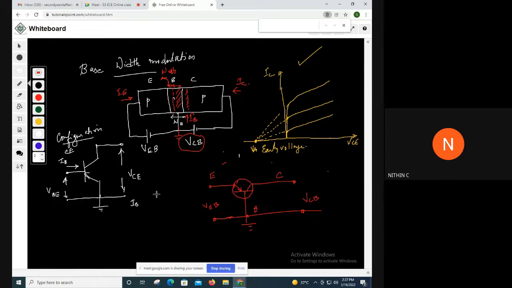I will be telling you two different current parameters. One is current gain. In both these cases I will just mention the current gain.